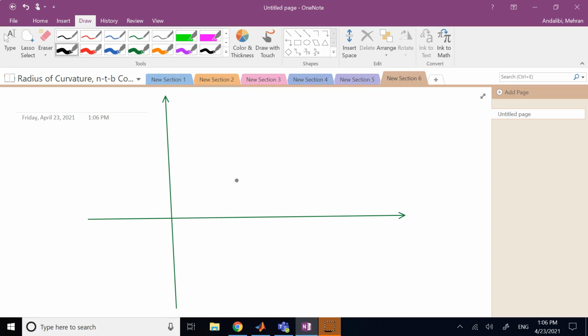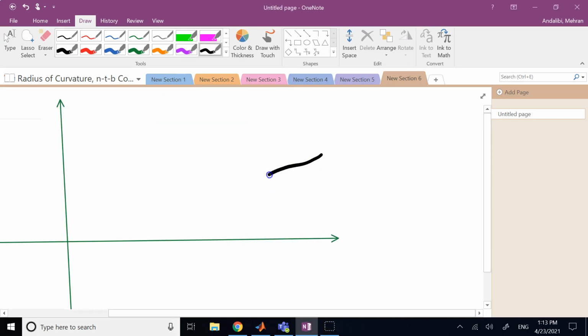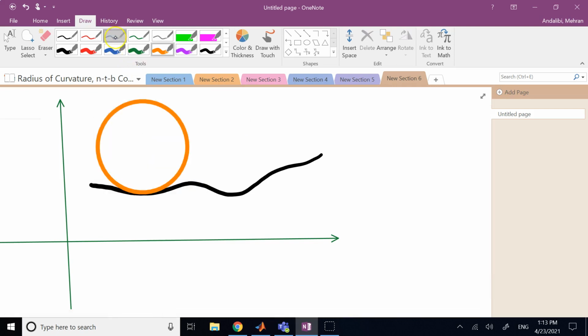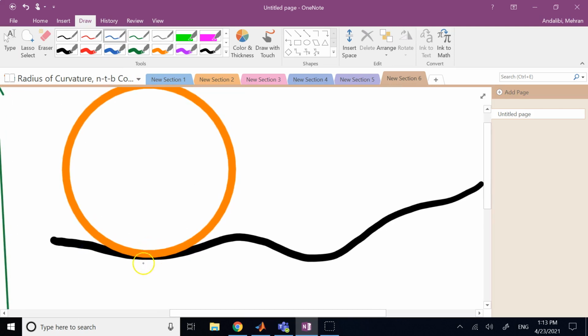So what I have here is I'm moving along this path. So some arbitrary path. And then at a specific point, I'm looking at the local tangent circle, something like this. And what I want is, here I'm moving from this point to another point that is infinitesimally close to it.